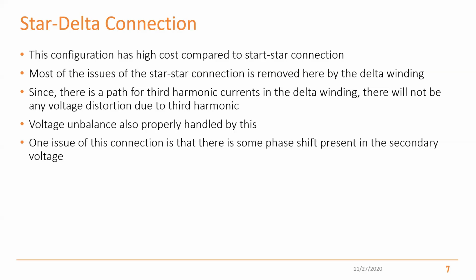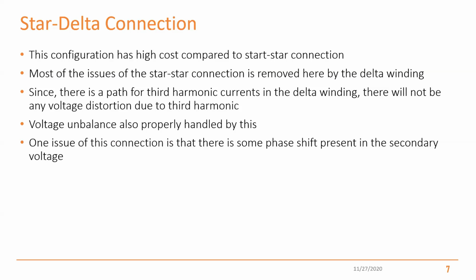However, most of the issues in the star connection, that means the third harmonic problem and the unbalanced problem, are both properly managed in this kind of connection. Even if the input side is heavily unbalanced, the delta winding has line to line voltage, like phase A voltage minus phase B voltage, appearing across the coil.